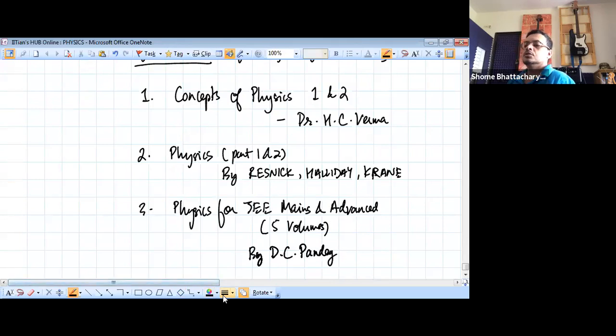These two books we will be using for doing numerical problems, in addition to the module. Kinematics also, you study from these only. And this one is for theory reading.